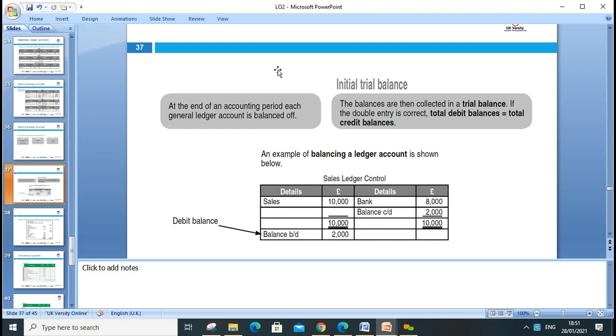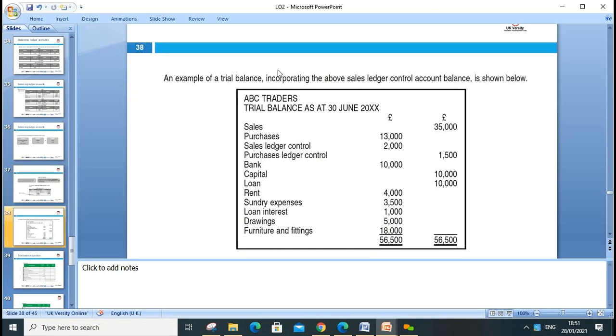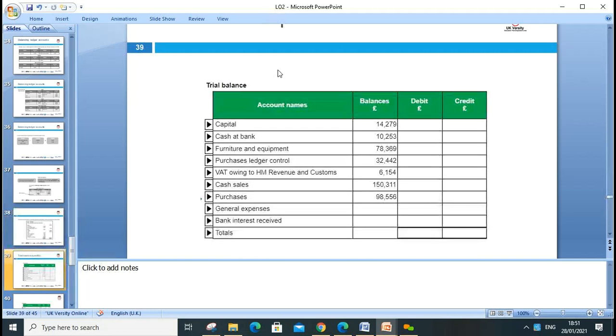Okay, always. This is my trial balance. You will see my debit side and my credit side should be equal. That's a trial balance. If I ask you, capital goes on which side? Credit. Excellent. Cash at bank? Debit. Excellent. Furniture, which side?